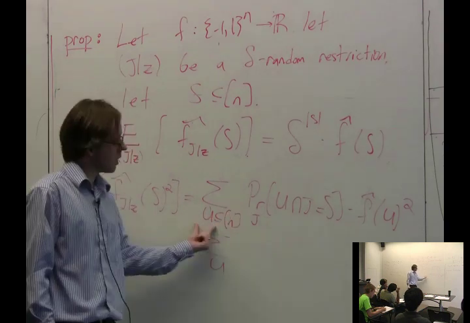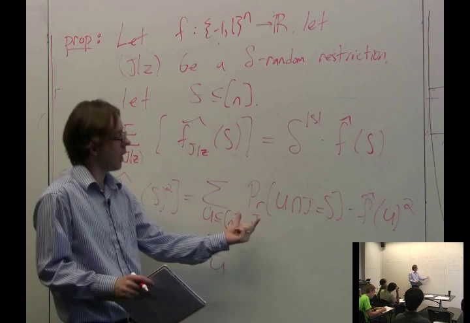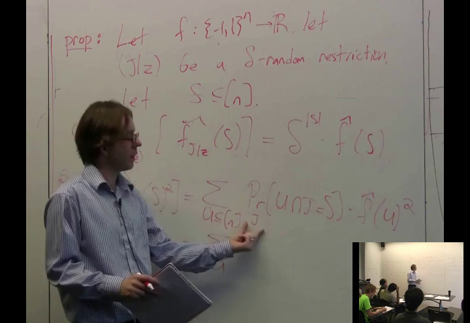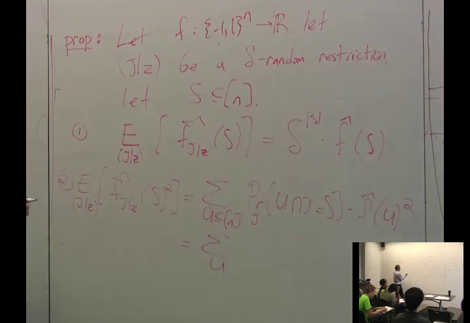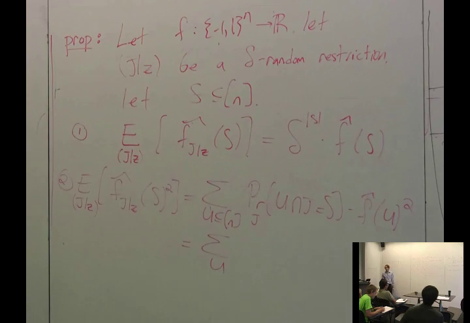U is a fixed set. S is a fixed set. And you're asking, when I choose a set j at random, what's the probability that u intersect j will equal s? So there are two cases for analyzing what this quantity is. Can somebody suggest what those two cases are?